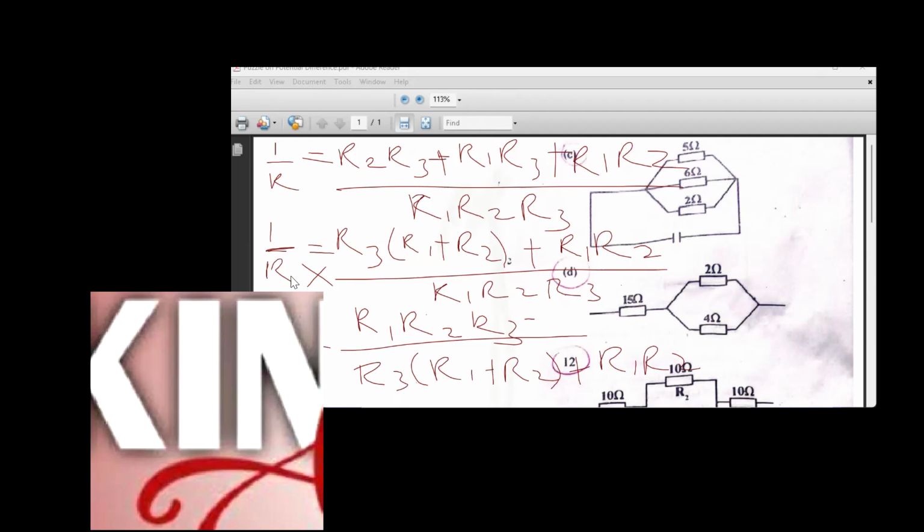So I have this beautiful expression for the effective resistance for a set of resistors that are connected in parallel. So this beautiful expression can be used to solve.